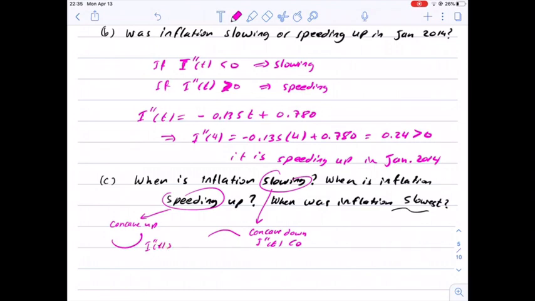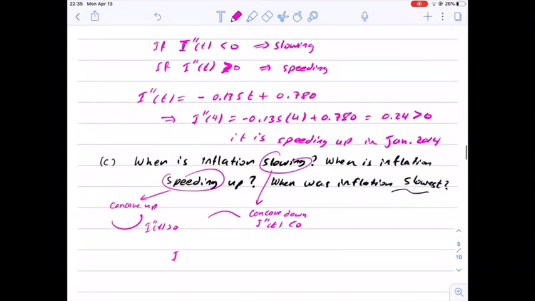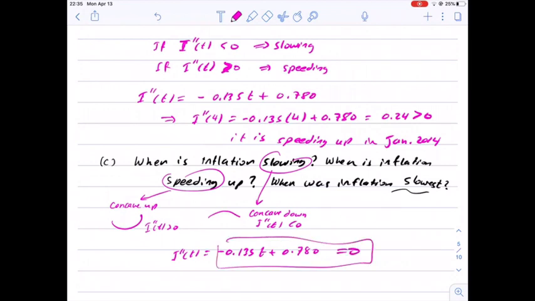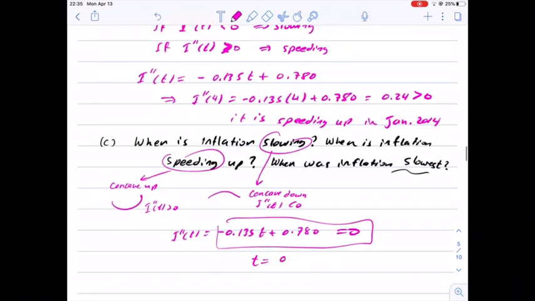The graph looks like this, and that means the second derivative is greater than 0. So let's find the second derivative. We already found it from the previous part B. And then we set this equal to 0.